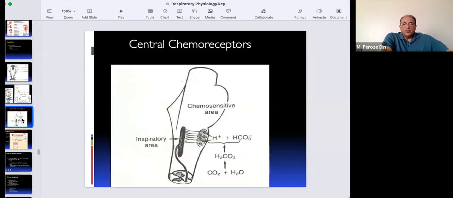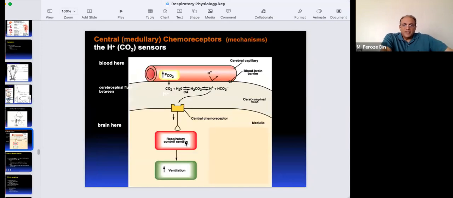The central chemoreceptors are located in the brainstem, and these chemoreceptors do not directly measure carbon dioxide or oxygen, but they actually measure it indirectly. And the way this works is as follows: if this is our brain, this is the cerebrospinal fluid, and this is a blood vessel.